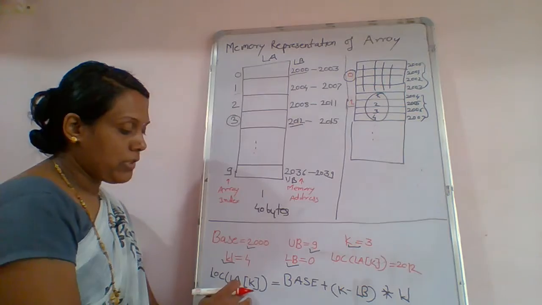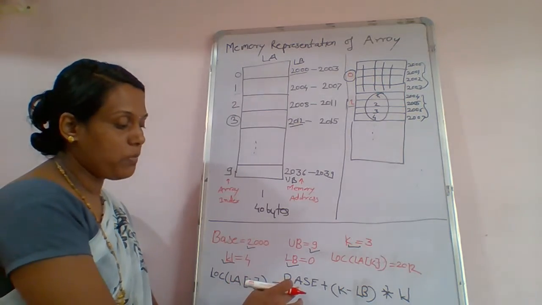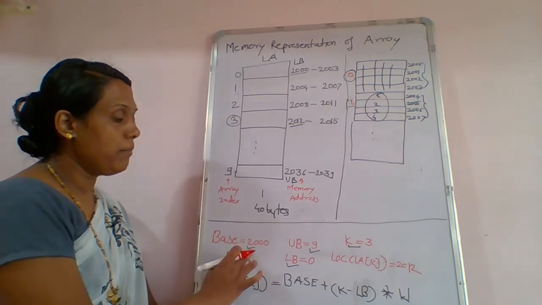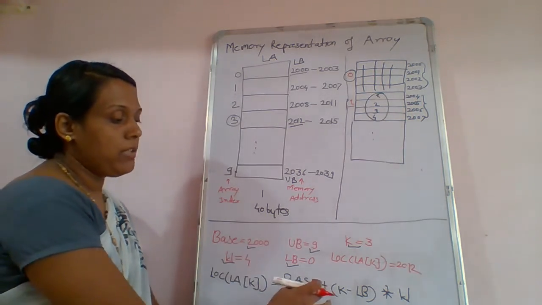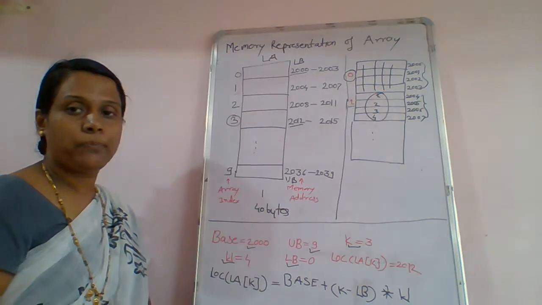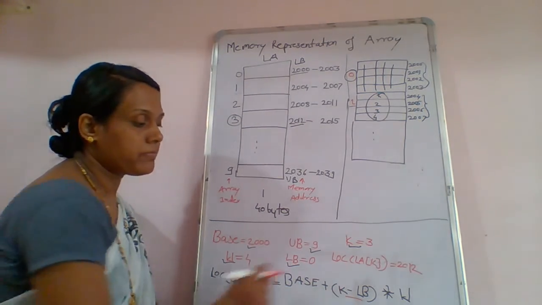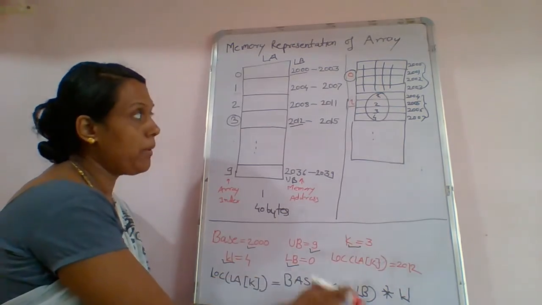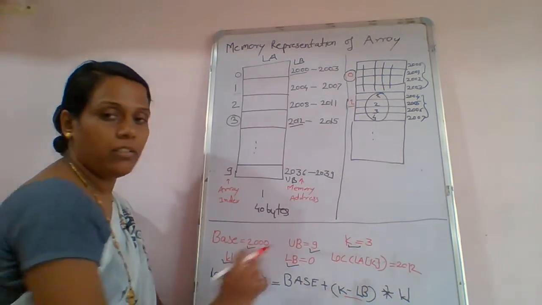Now, location k that we are going to find. Base is what? It is the starting of your array. In our example, it is 2000 plus k minus lower bound. Why k minus lower bound? Because suppose here k is 3 and lower bound is 0. So we'll get the answer 3.